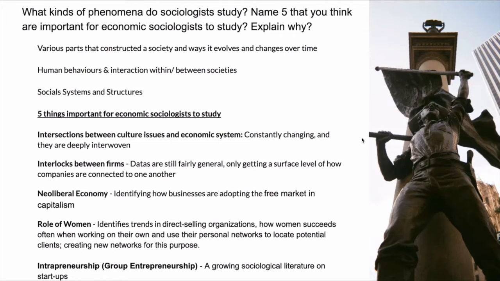Five of the important things that we think are important for economic sociologists to study include the intersection between cultural issues and the economic system, as it's constantly changing and they're deeply interwoven. The second point would be the interlocks between firms, as the data now are still fairly general, and it's only getting to a surface level of how companies are actually connected to one another.